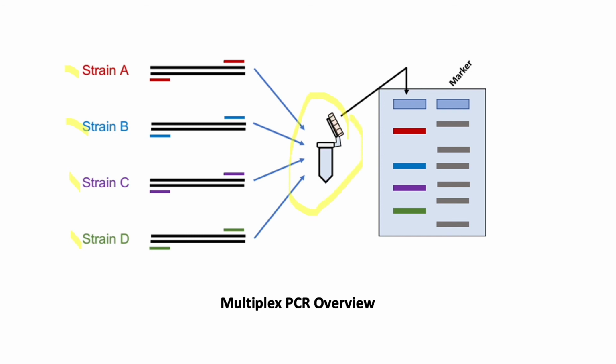Kapag present yung mga genes na ito doon sa iyong sample, what will happen, Sir Joshua? E di mag-aanil itong mga primers doon sa gene na nandun sa sample mo. Kapag nag-anil sila, syempre ma-amplify yan. Diba? So, ang tendency, ma-detect natin lahat ng genes na ito.